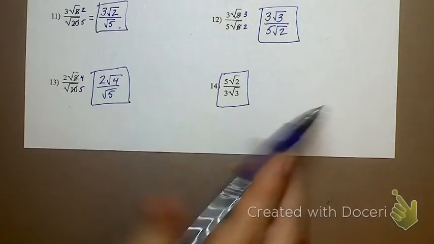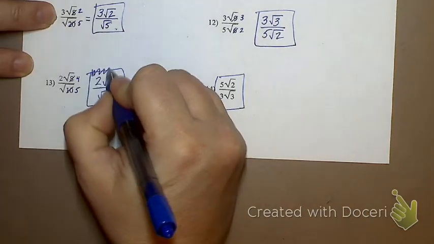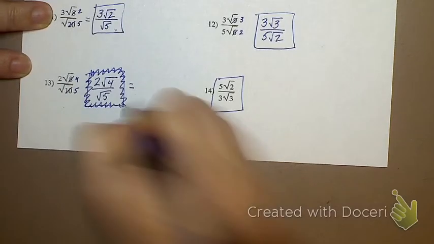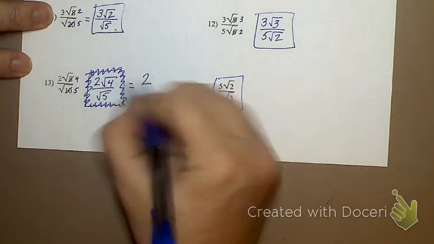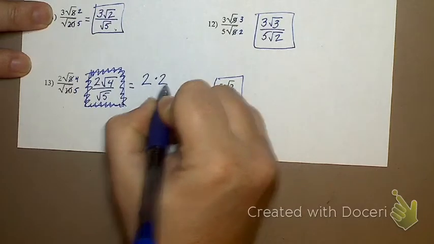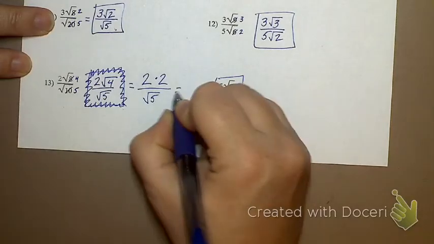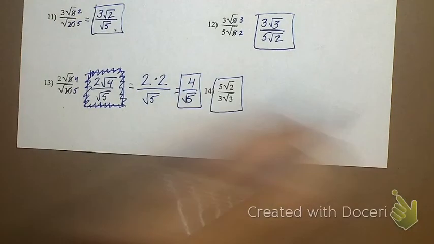Thank you. You caught me. Pretend like I didn't box this. I have a 2, but what is radical 4? 2. So that's really 2 times 2 with no radical anymore, over radical 5. So it should be 4 over radical 5. That should be my boxed answer. Thank you for catching me there.